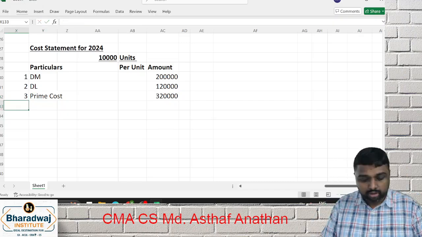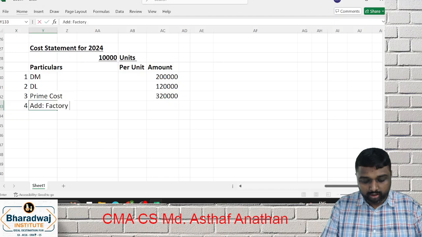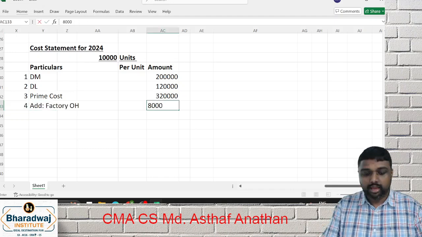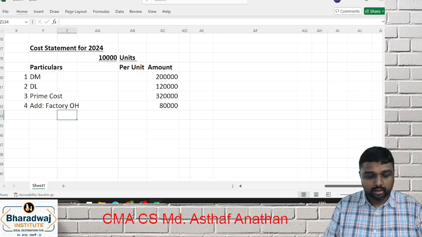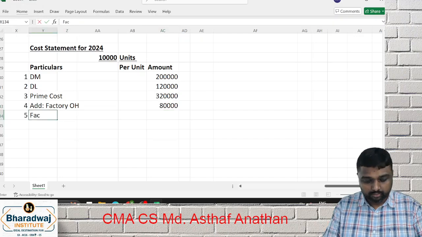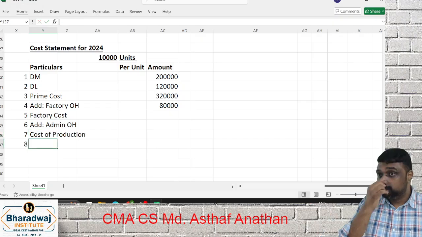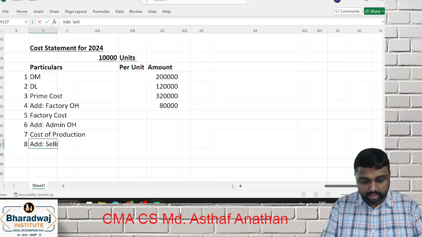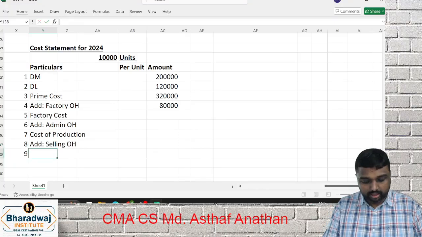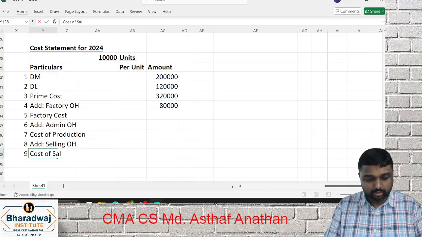So add what is the item? Factory overhead. What is the factory overhead, friends? 80,000. You will get factory cost. Then you have to add admin overhead. Then you have to go for cost of production. Here there is no stock adjustment. Add selling overhead. You will get cost of sales. If you add profit, you will get sales.